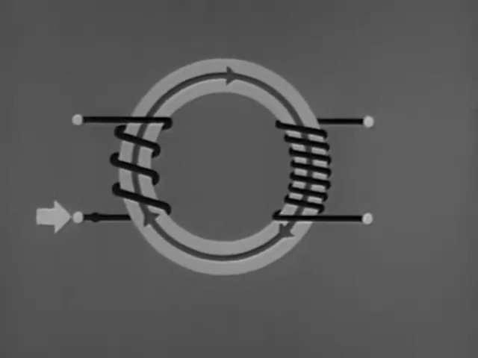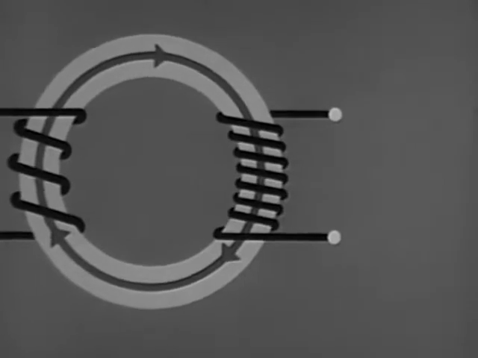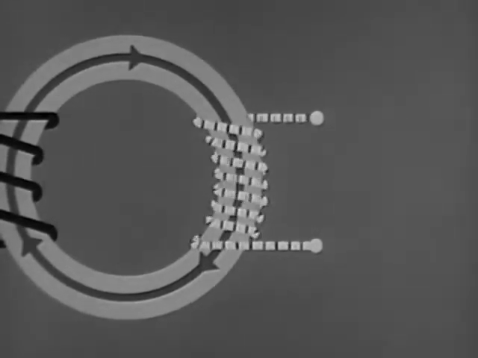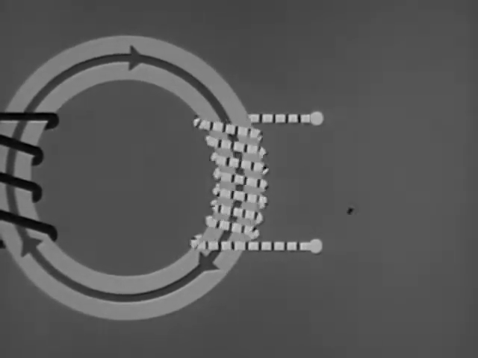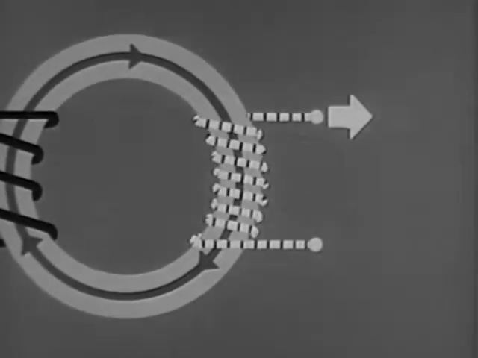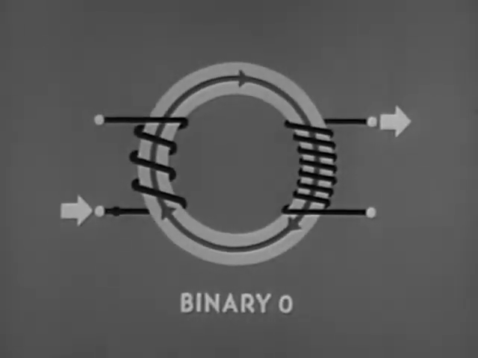Anytime a magnetic field builds up or collapses across a conductor like this winding, the movement of the lines of force induces a voltage in the winding, and current flows. Observe the direction of current flow, out the top of the winding. The way these two conductors are wound, a pulse of current sent into the bottom of the input winding results in a pulse of current going out of the top of the output winding.